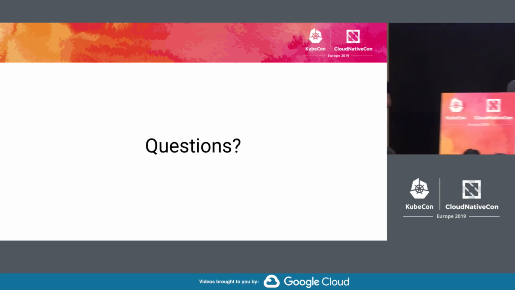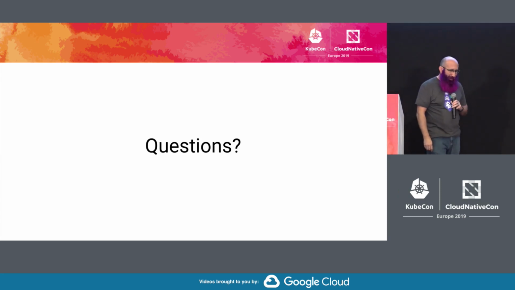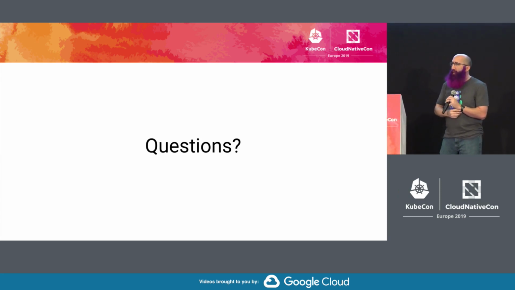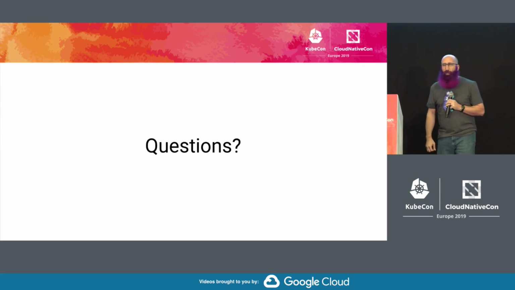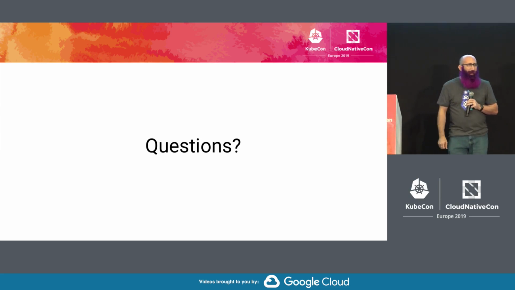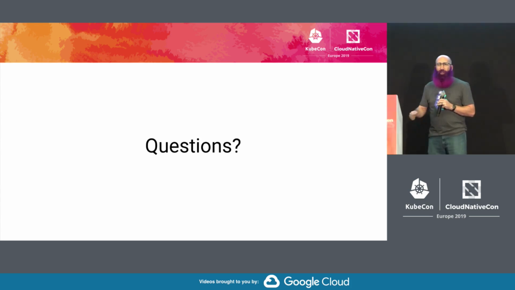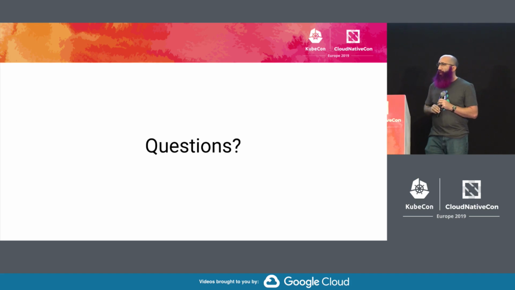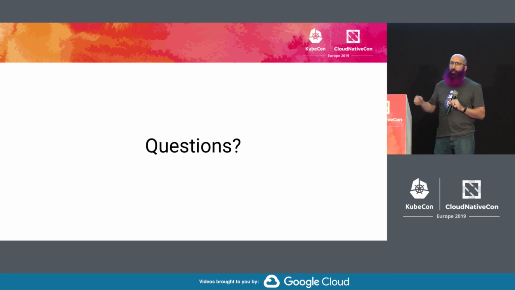Yep, so we said we wanted to leave a lot of time for questions. The main reason is that I had originally planned to talk about the future roadmap of Cluster API, but we're still working on it. As a community, we're trying to figure out what exactly the next step is to V1 Alpha 2 and beyond. We'd initially taken on a very ambitious roadmap, and we wanted to see if we could come to some large consensus around big changes in the project, and we're not quite there yet.